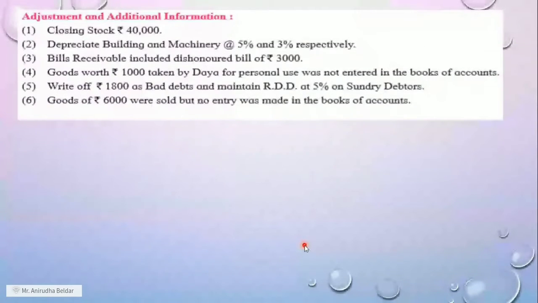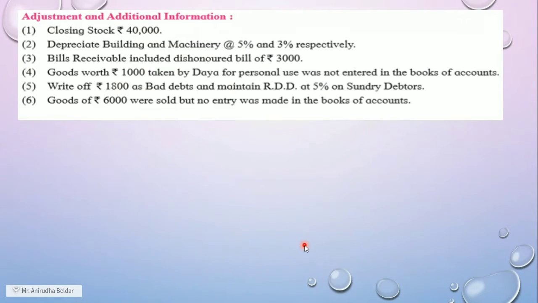Now the closing stock is given. Adjustments are given: closing stock, depreciation, bills receivable dishonor, goods taken for personal use, bad debts write-off, RDD, and unrecorded sales.